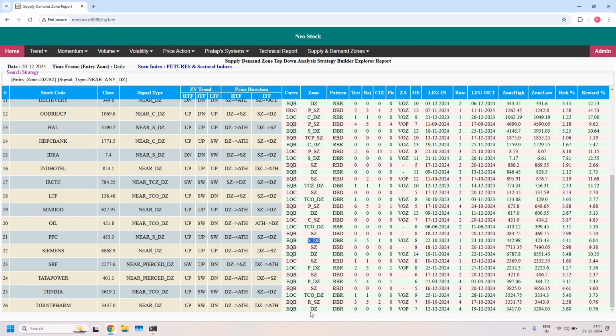So we got a big list during this weekend. So 9 high liquidity zones were identified from daily time frame.